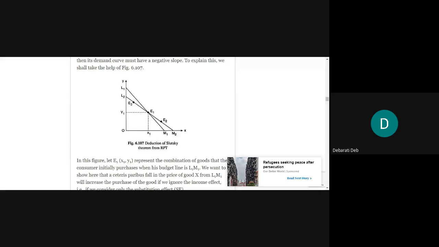In other words, we will use the assumptions or the concept of revealed preference theory in order to derive and prove the Slutsky theorem and say that they are actually related. So in this figure, you have to follow the figure as well as whatever I am speaking. Okay, so while I am explaining, you can draw the diagram in your copy. That will be easier for you to write the notes of it afterwards.